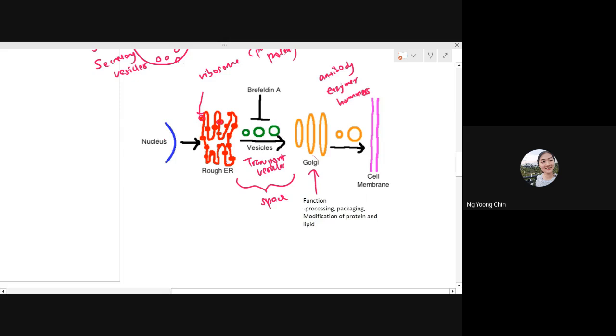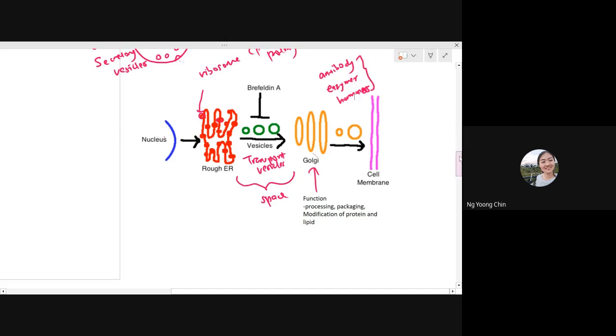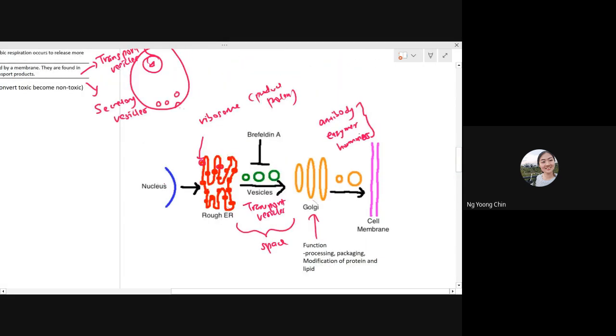So these three are final protein products. Those are the final protein products, which can be utilized by your body cells for more useful processes.